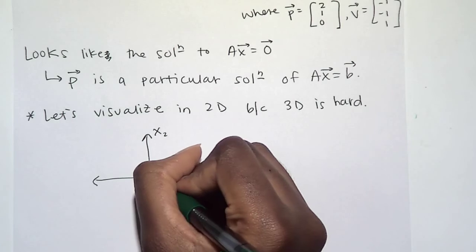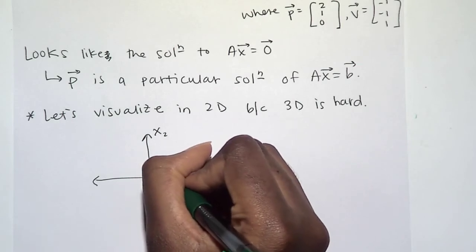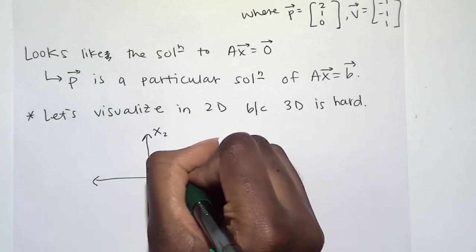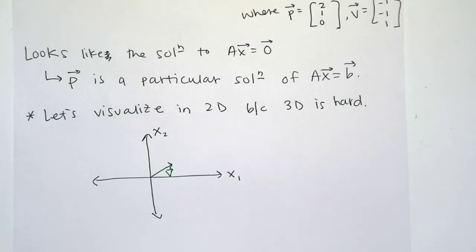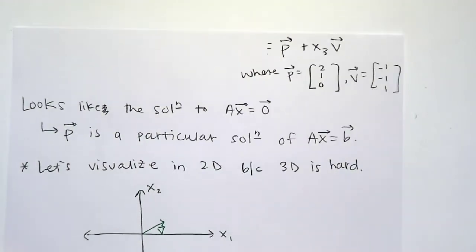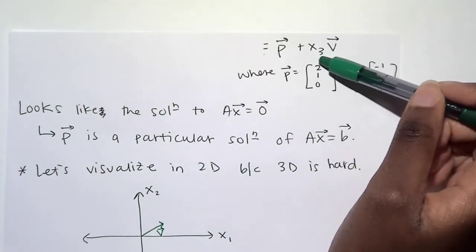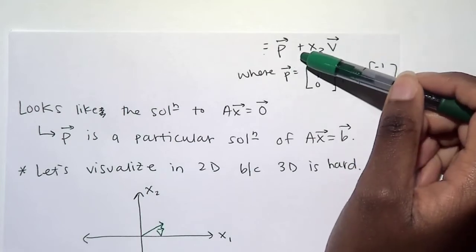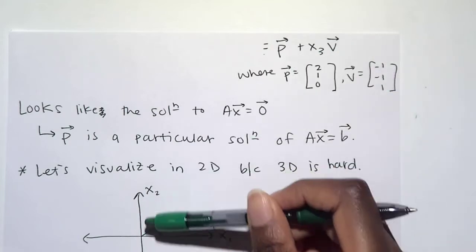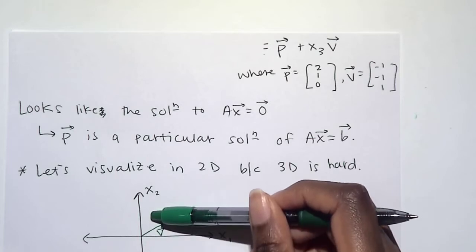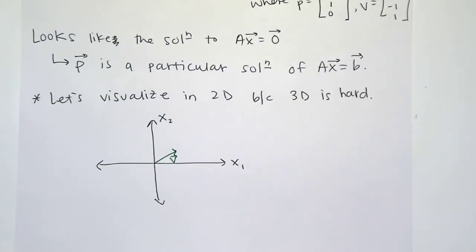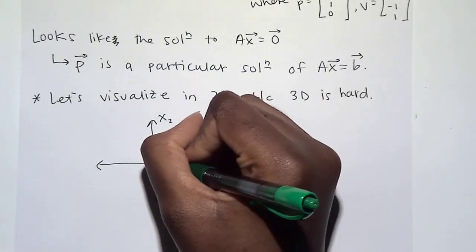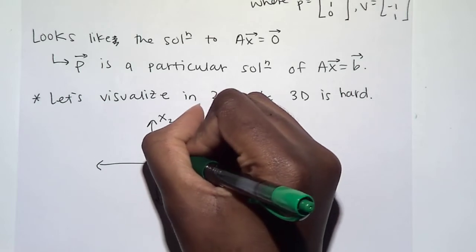So let's say this is not the solution, but let's say this is our vector V. All right, so P, remember P plus anything times this one. So when we're adding vectors, we're just translating, right? We're just going to shift it up, right? So our P is going to do the shifting. So let's say we shift it up.